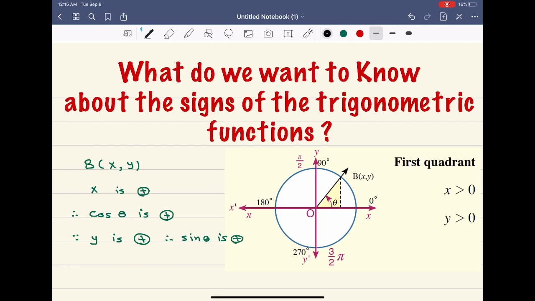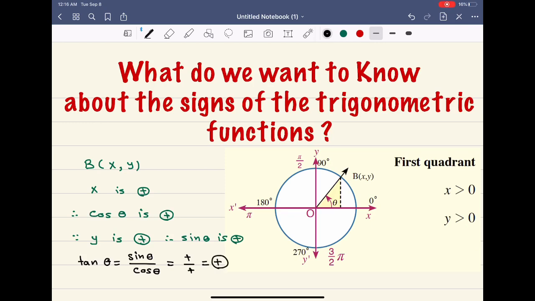And since tan theta equals sine theta over cosine theta, equals positive over positive, therefore equals positive.